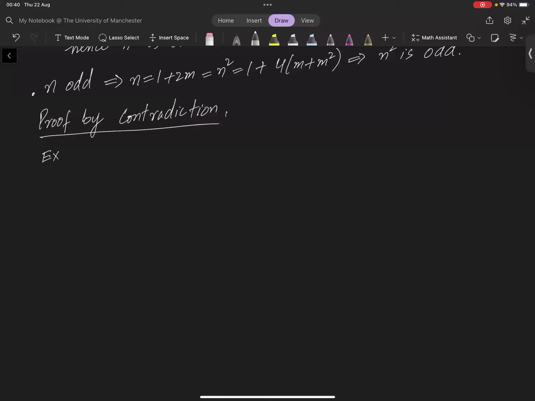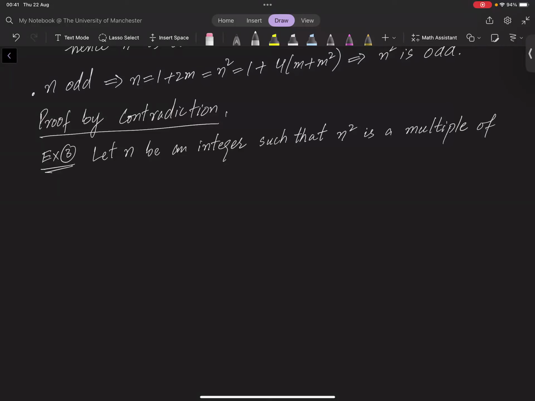Example 3 says that let n be an integer such that n square is a multiple of 3, then n is also a multiple of 3.